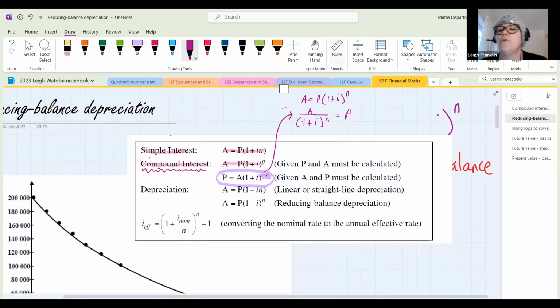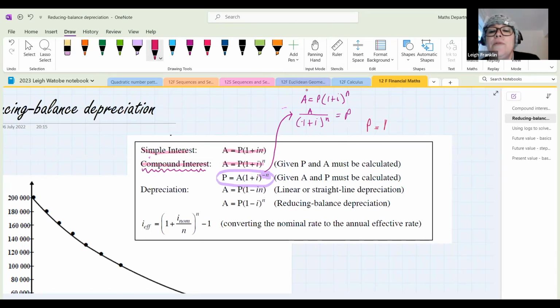So in other words, what's happened is we have written the A in the numerator, we've taken that base, 1 plus i, into the numerator, and we've changed the sign of the exponent. So it's actually got to do with exponent laws, more than anything else.